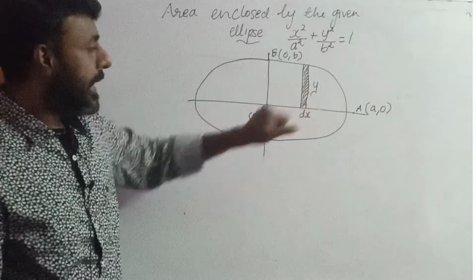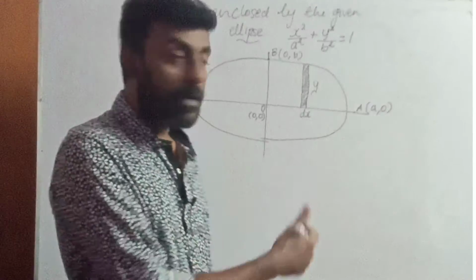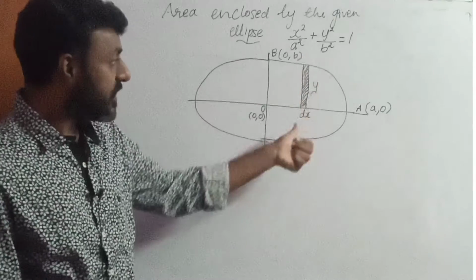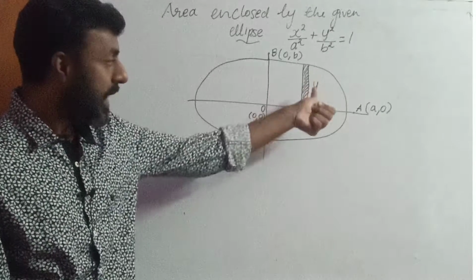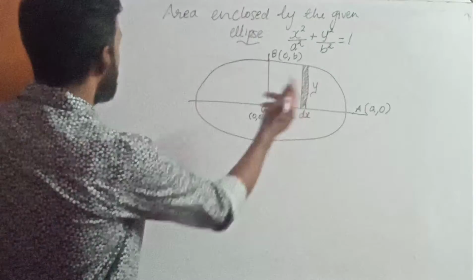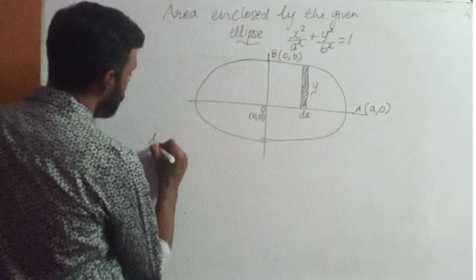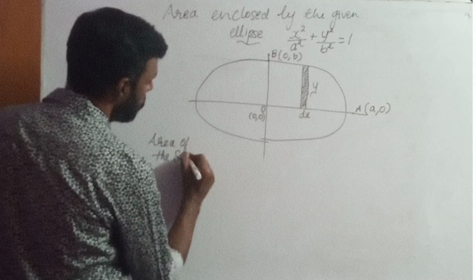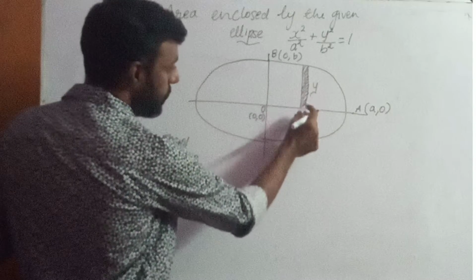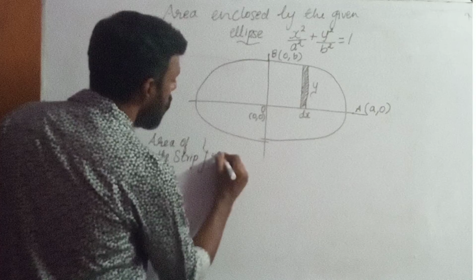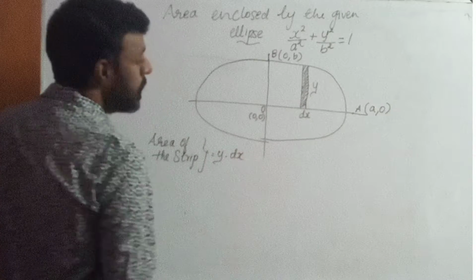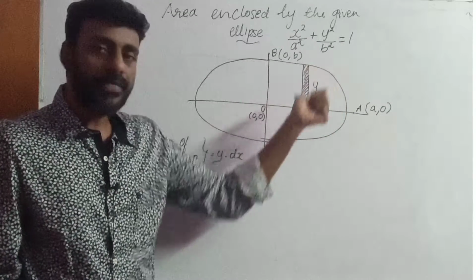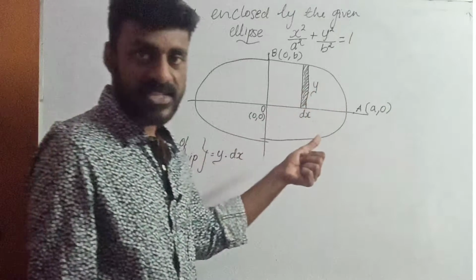Since the strip looks like a rectangle, its area will be length into breadth. So the area of the strip will be y into dx.